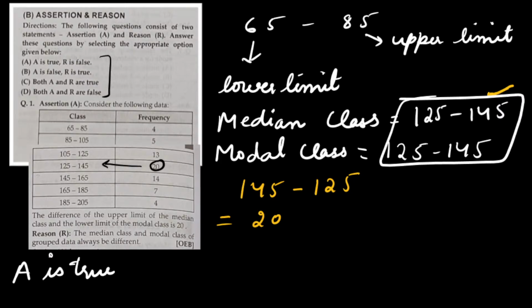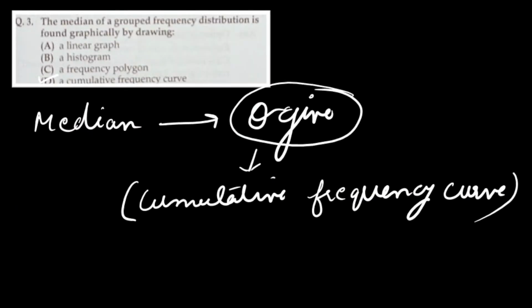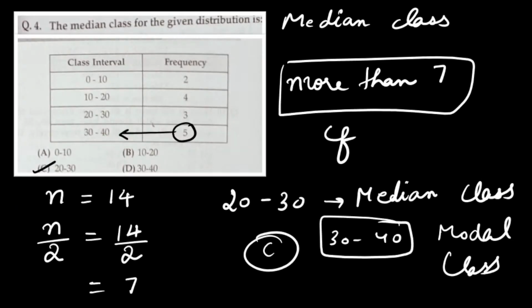Sometimes, like we did in a previous question, I think in some MCQ I showed you. I'll show you once again. In this one, modal class and median class were both different. 20 to 30 was the median class and this one was the modal class. So in that question, both were different. But in the question we are doing now, they are the same.